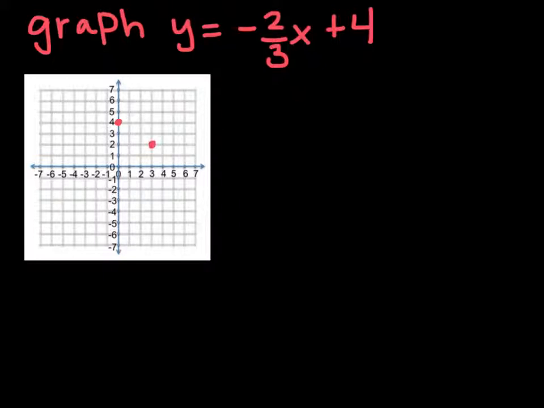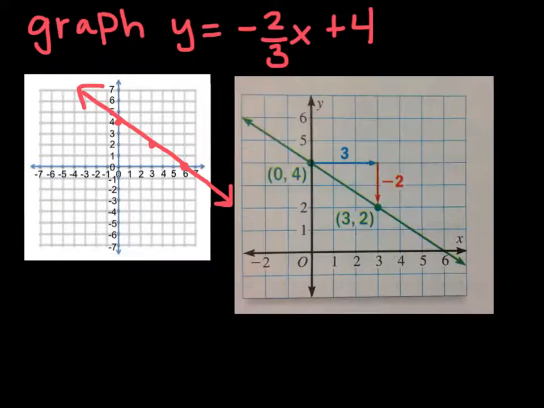We could continue plotting points using this same technique, and our next point would be down 2 over 3 at 6, 0. Now we can draw a line through the 2 points, and we have our graph of our linear equation. Here's the version of the graph from the text showing you the rise and run.